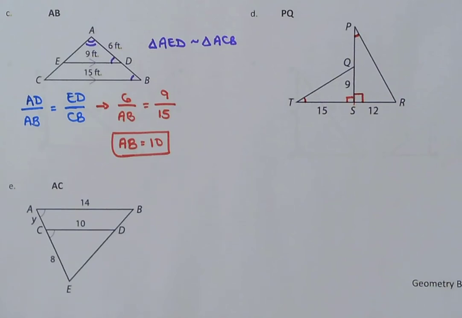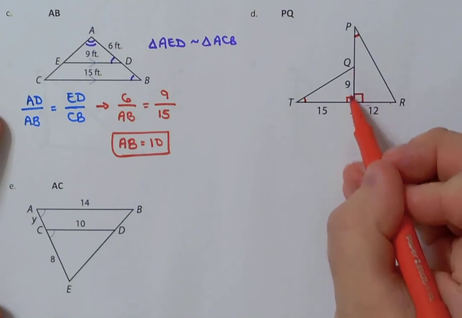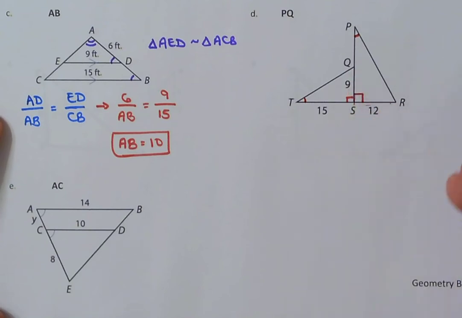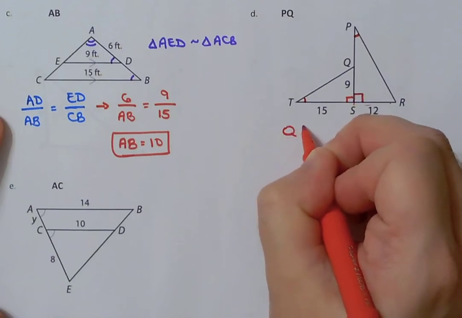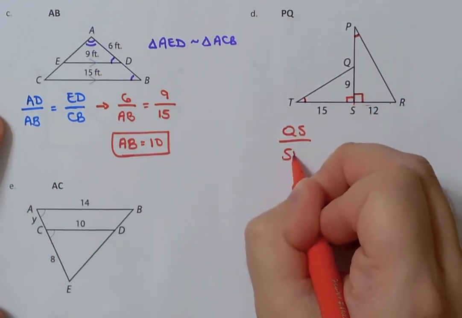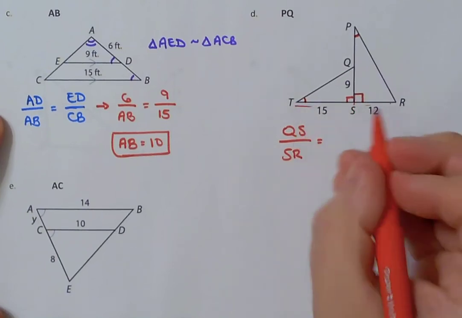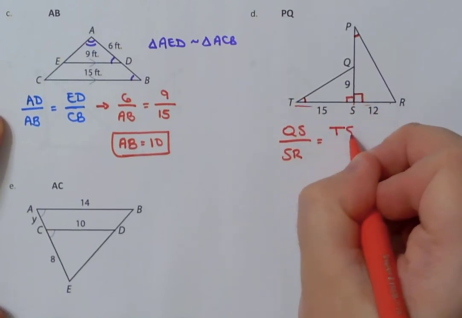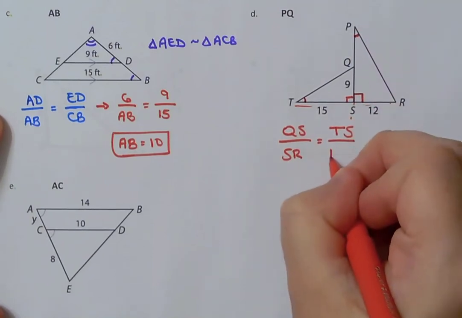So first of all, I know that SR is 12, and that's going to relate to this side of QS. So we're going to have QS over SR, and then we're going to have TS over PS.